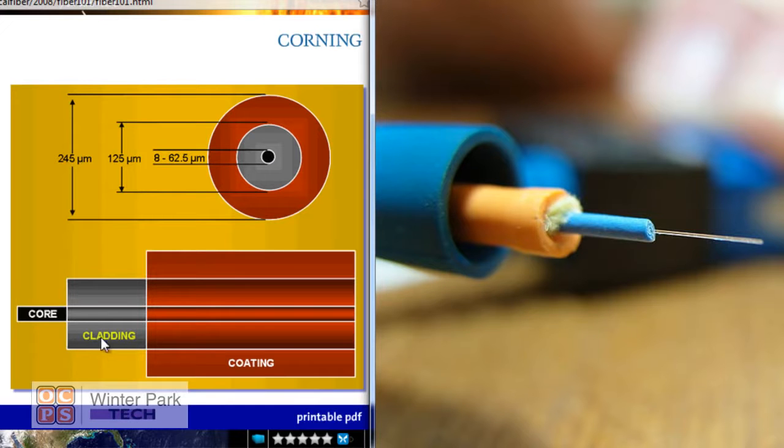Then you have the cladding, which is very, very small, and then inside is this tiny 62.5 micron glass fiber tube. When you look at this, you're actually looking at this coating. That's what you are seeing. Your eye cannot see that core. You will have a hard time even seeing the cladding.